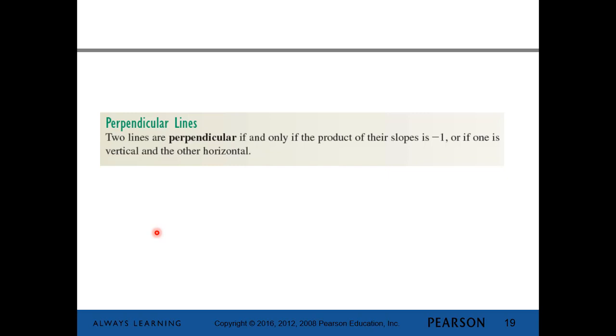The other way of saying that is if one slope is what we call a negative reciprocal of the other, then they must be perpendicular lines.